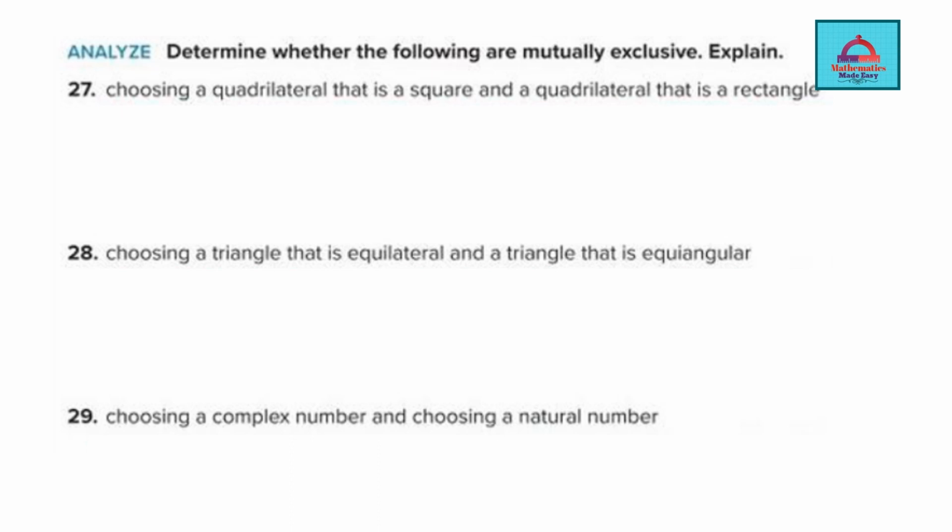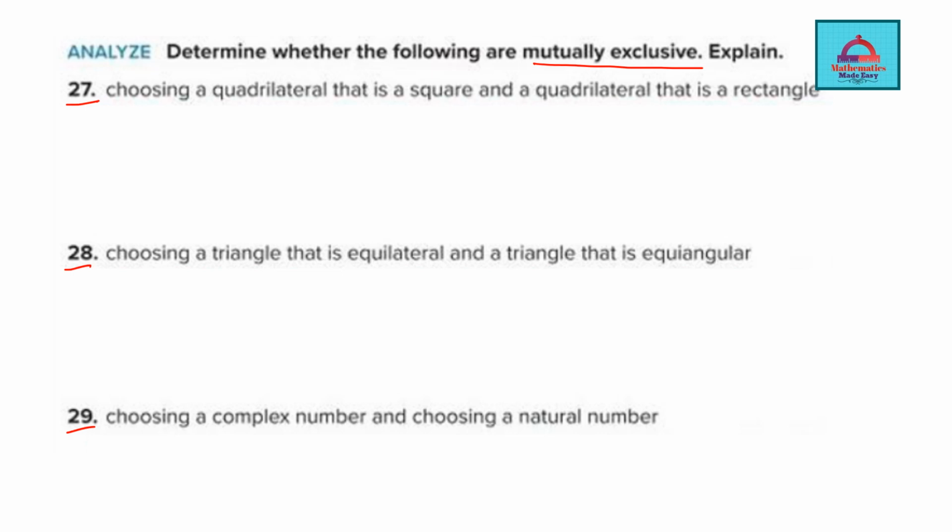In the next question, which is based on learning objective 21, again, we have to use the concept of mutually exclusive events. I want to remind you here that mutually exclusive events are the events that cannot happen together and hence they don't have any common outcome. So there are 3 parts given here, question 27, 28, 29. For each of these parts, we have to check whether they are mutually exclusive, yes or no, and give the reason.